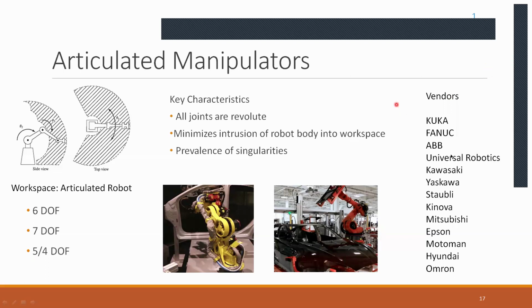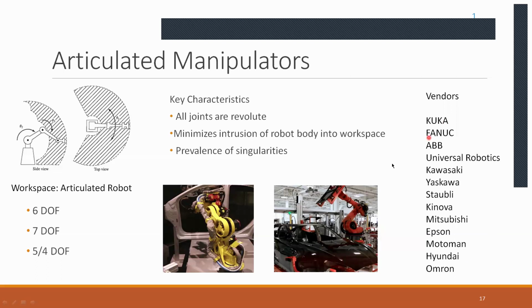I have given a list of vendors for articulated arm manipulators. I have excluded the relatively unknown ones and non-industrial ones. So what you can find over here are the more prominent vendors which have users in industrial applications as well.